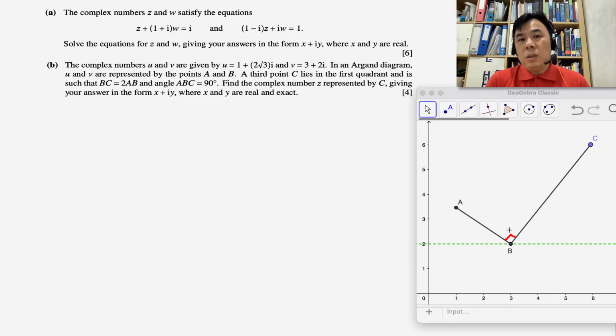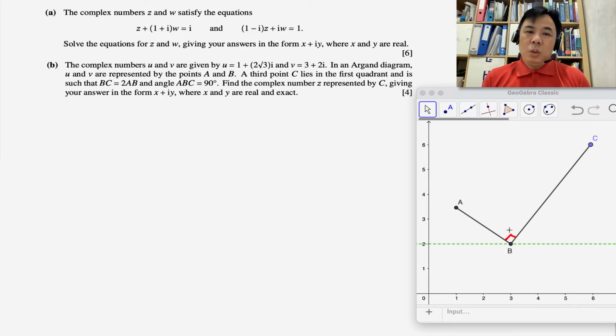Even though this is a complex number question, you can use coordinate geometry to obtain the coordinate C. But most of the time when you read a complex number question, you may not realize that you can actually apply coordinate geometry. It's a bit lengthy because you need to solve simultaneous equations, so it's quite tedious. I will not advise you to do that.